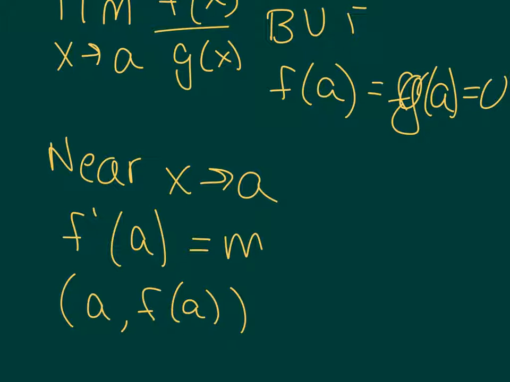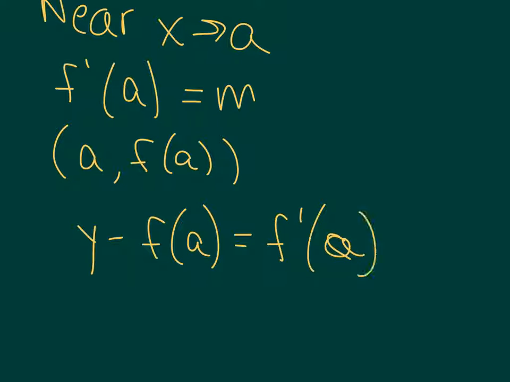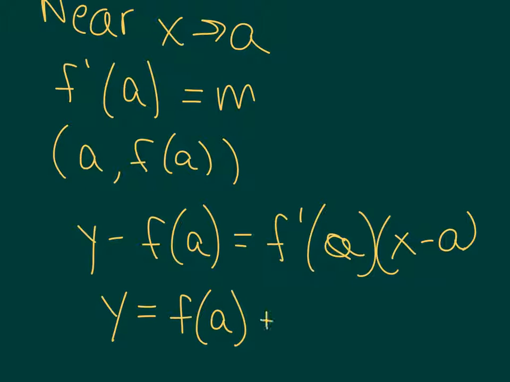And what we can do is approximate this using a tangent line approximation. So we have y minus f of a is equal to the derivative times x minus a. So in other words, on the tangent line, y is f of a plus f prime of a, x minus a. So basically, this is the equation for our tangent line.